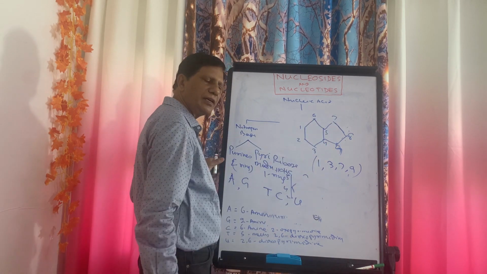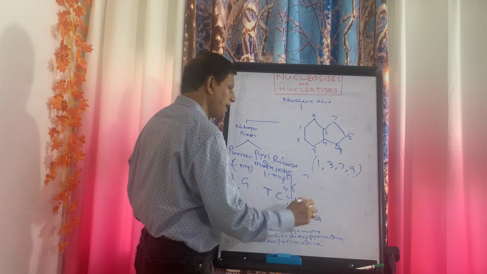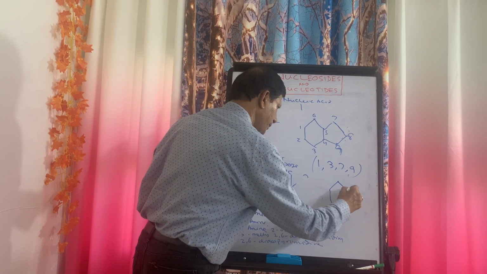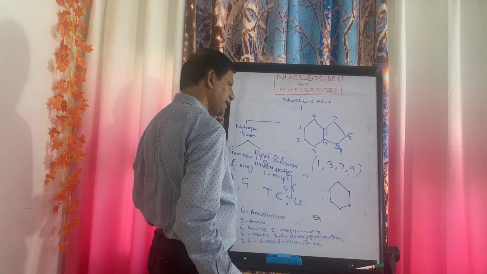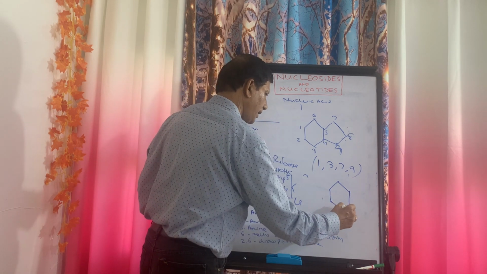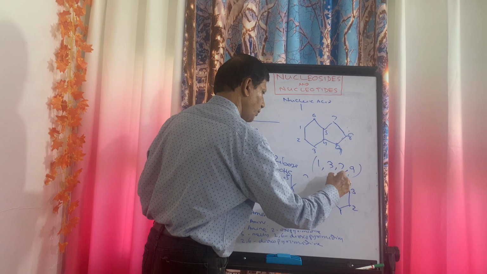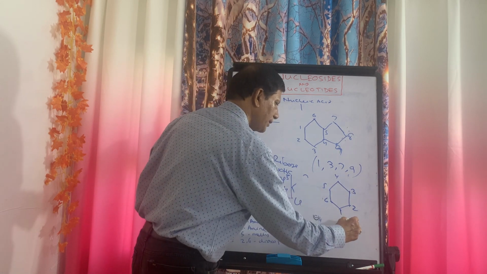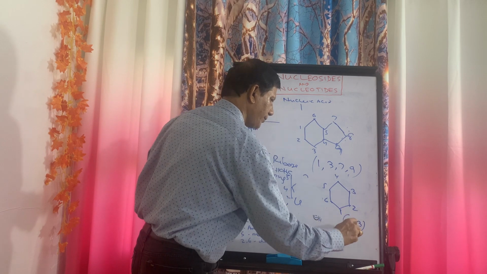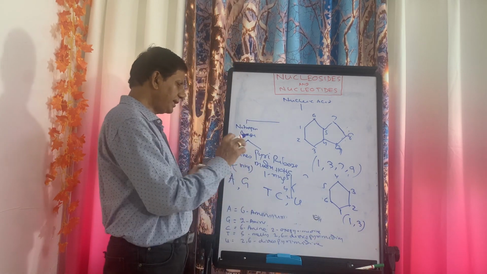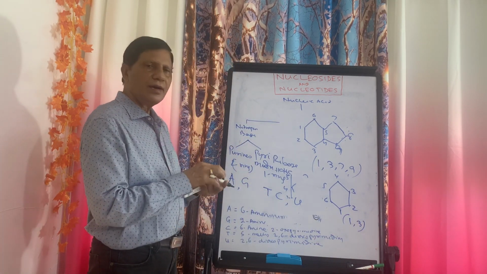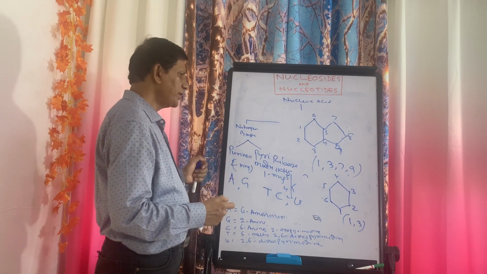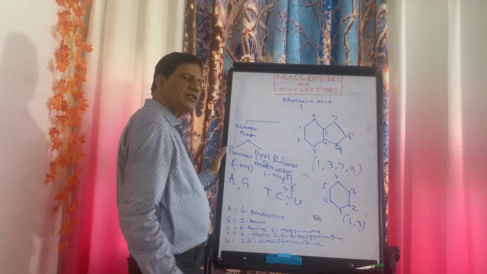At these positions only nitrogens are present. Similarly, in case of pyrimidines, which are single ring structures, 1, 2, 3, 4, 5, 6, and nitrogens are present only at positions 1 and 3.